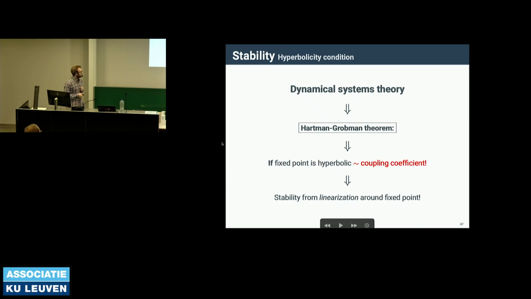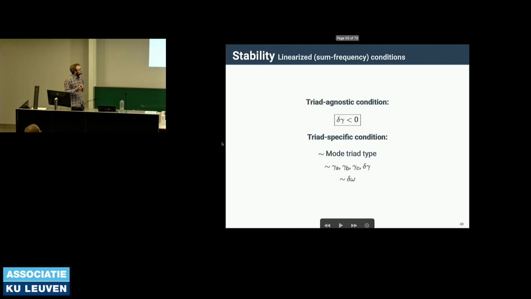Now, it turns out, not unsurprisingly, that this condition is really dependent on your coupling coefficient. So there's one reason why we compute our coupling coefficient. Then, when we look at our linearization, we need to impart some other conditions in order for these perturbations around your fixed point to be stable.